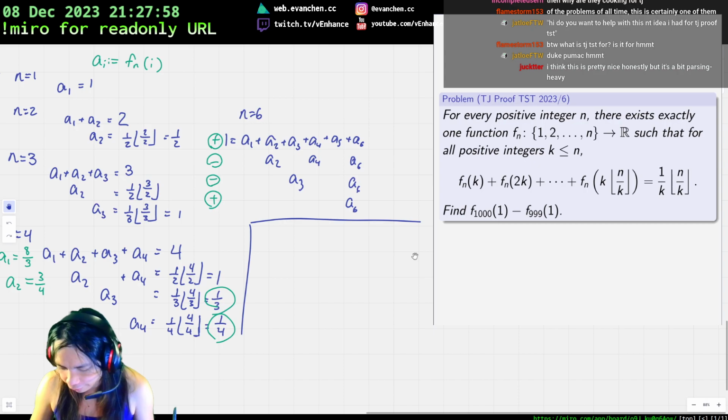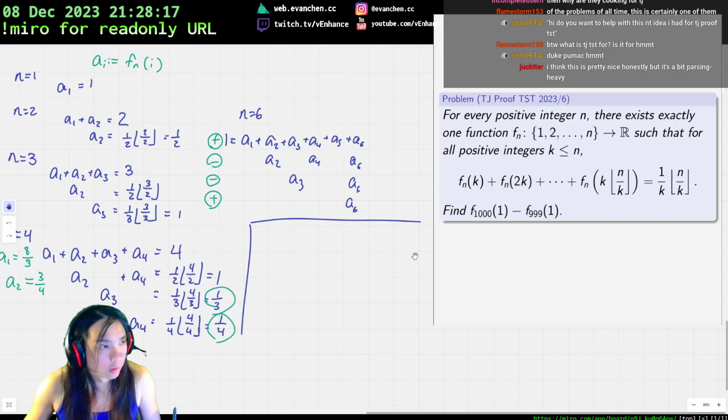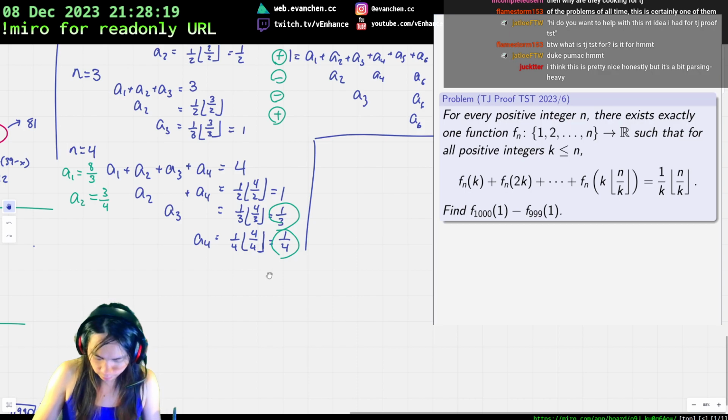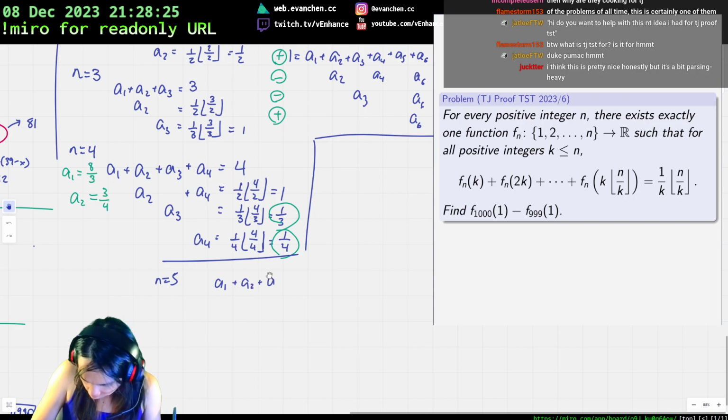Okay, for 5 I need, oh no, 5 is actually a better example than 6, I think, because for 5 you need 2, 4, 3, 5. What the heck? For n equals 5 you have 1, 2, 3, 4, 5.